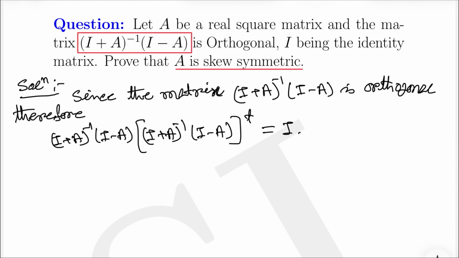Since it is orthogonal, this matrix satisfies this property.